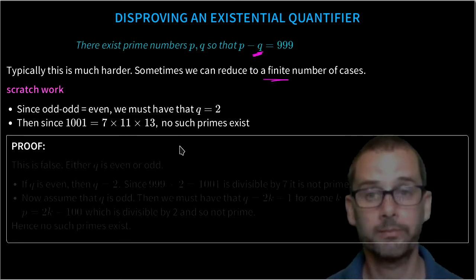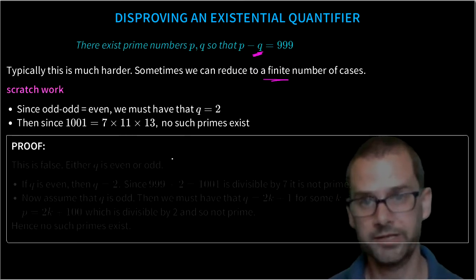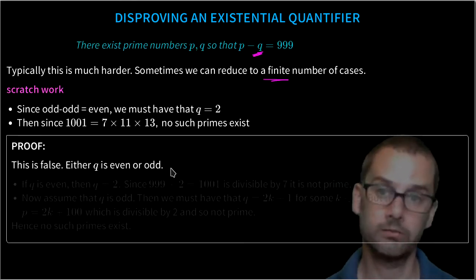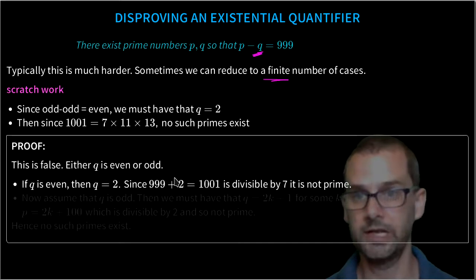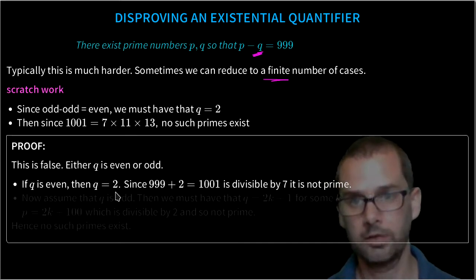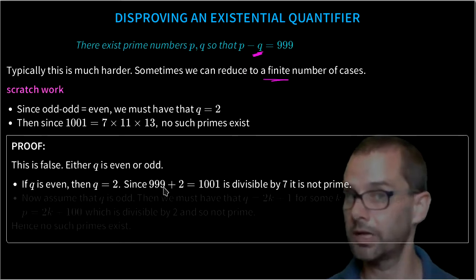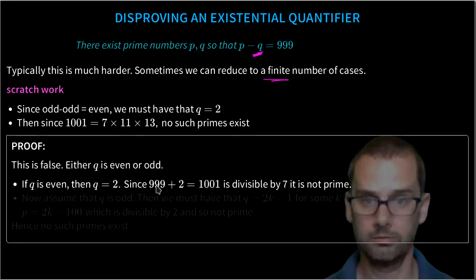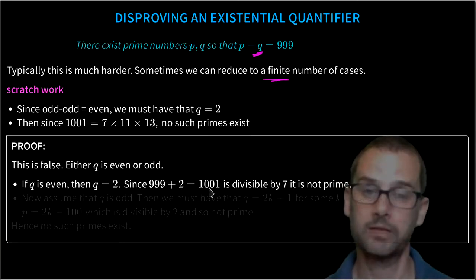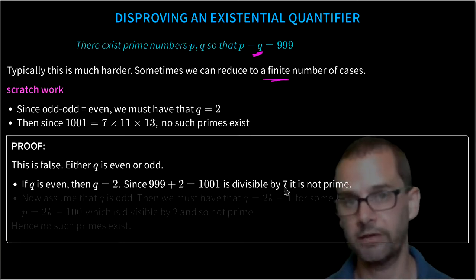So let's write this up. This is a false statement, and we're going to split it into two cases. q is either even or odd. If q is even, then q had better be 2, the only even prime. Then p would have to be 999 more than q, which is 1001, which is divisible by 7, so not a prime.